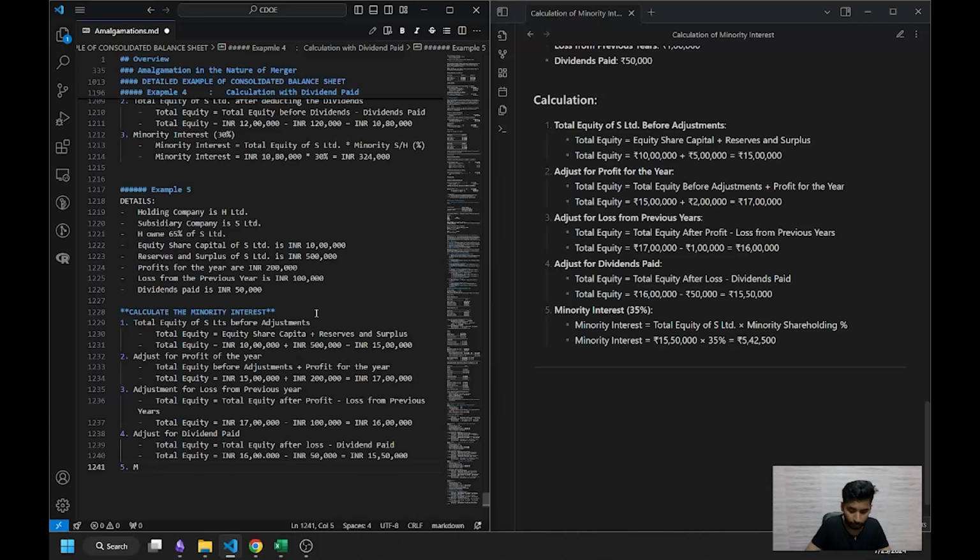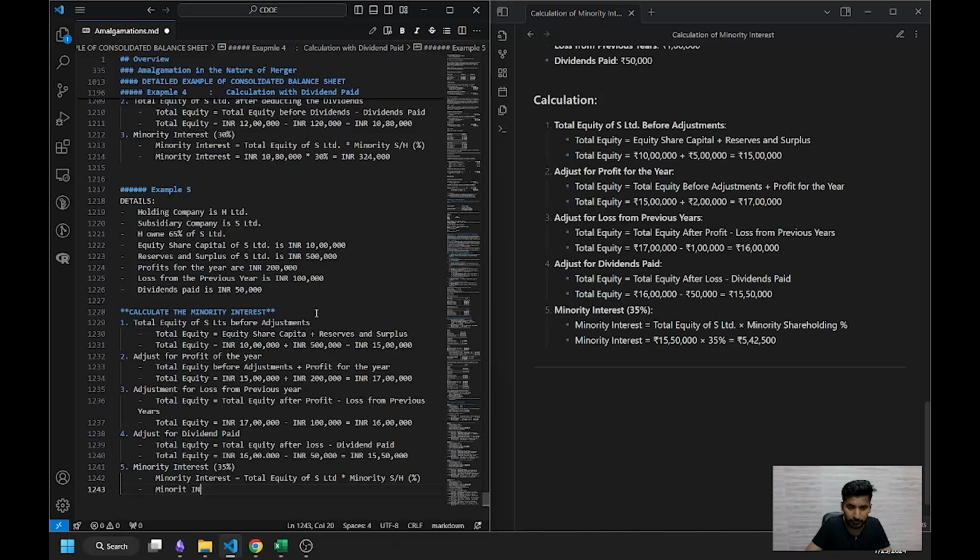Minority interest calculation. And this will be for the 35%. Minority interest is equal to total equity of S Limited multiplied by the minority shareholding percentage.